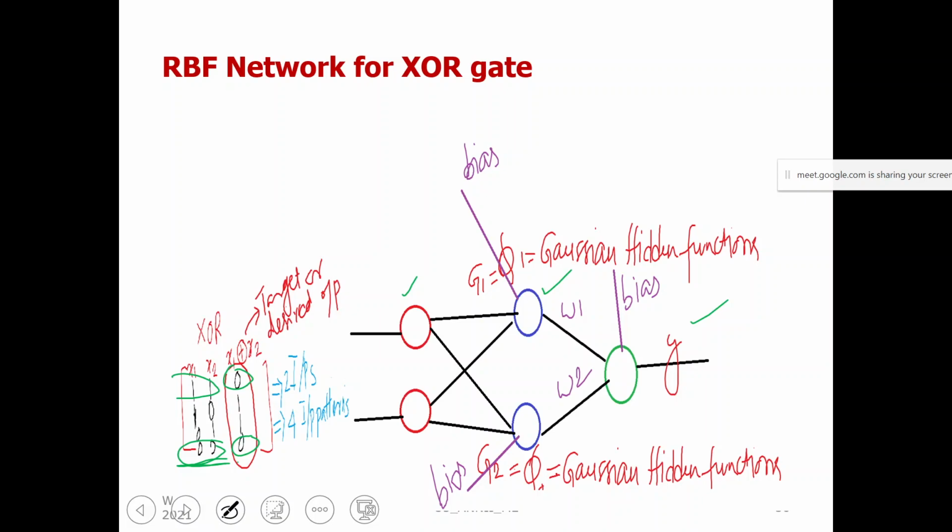Now this is 2 inputs. First I can give 1 1. So what is the expected output here? The target is expected as 0. If I am getting the actual value as 0, then that is fine. Otherwise I have to update the weight. That's it. So there will be 4 input patterns.